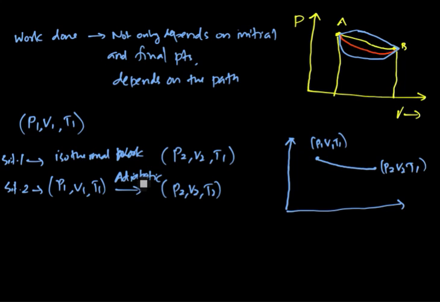That is, we are supplying some small quantity of heat, so that its temperature also changes. On the indicator diagram, the states for situation 2 will also be the same. That is, this is P1, V1, T1, and this will be P2, V2, T2. But the work done will be like this, some other curve.